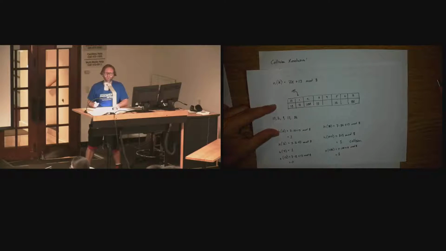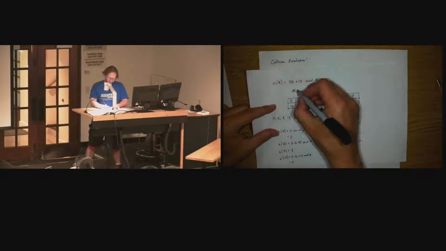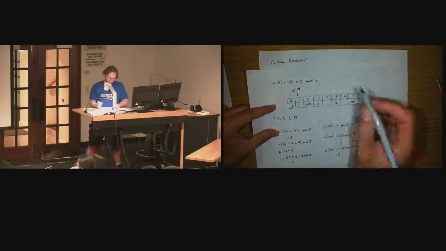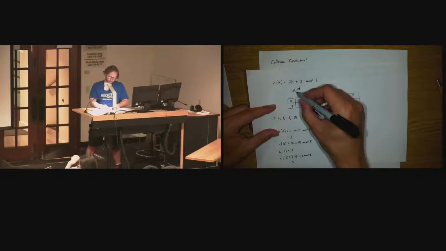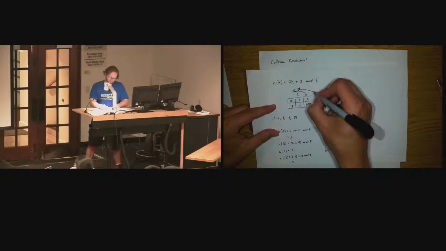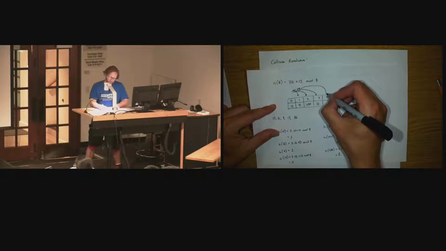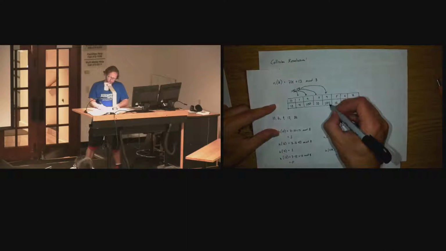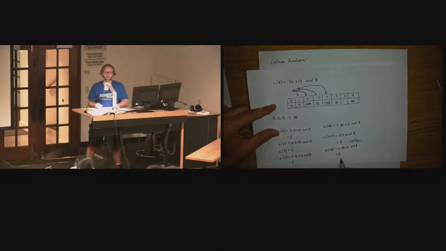Anybody confirm my math? 7 times 108 plus 13 mod 8 is 1? Come on, help me. Well, that probe is going to fail. We fail again. We fail again. And then finally, we find an open spot. Was I correct? I just want to make absolutely sure. Yes? Okay, thank you. I'm not going insane.